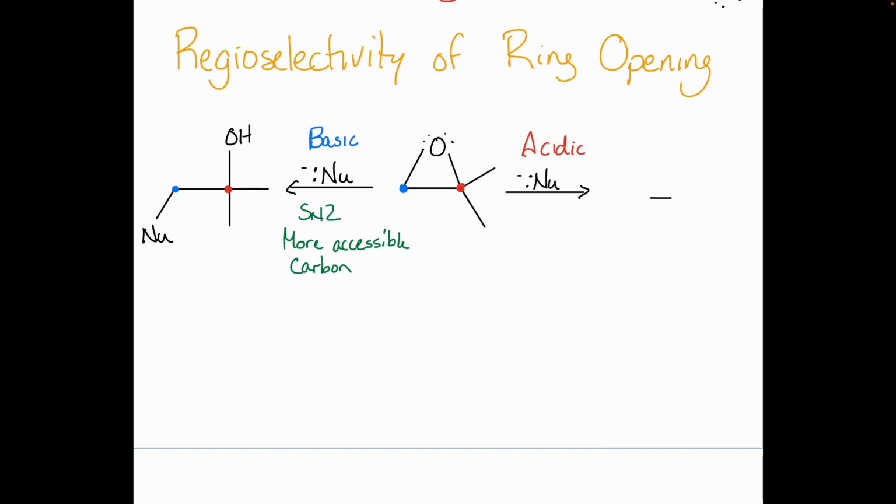It turns out that under acidic conditions, unexpectedly, your major product will have your nucleophile having attacked that tertiary carbon as opposed to the primary carbon. Oh, whoops, I put a BR. I meant generic nucleophile, NU.